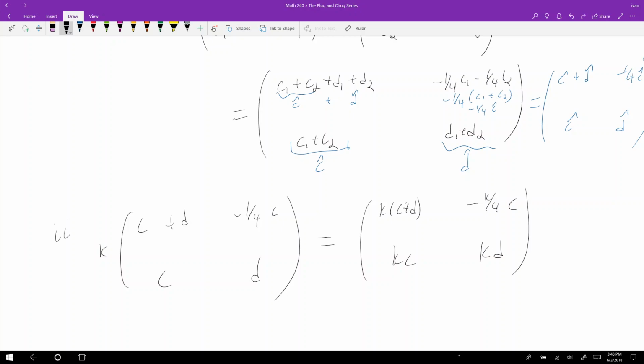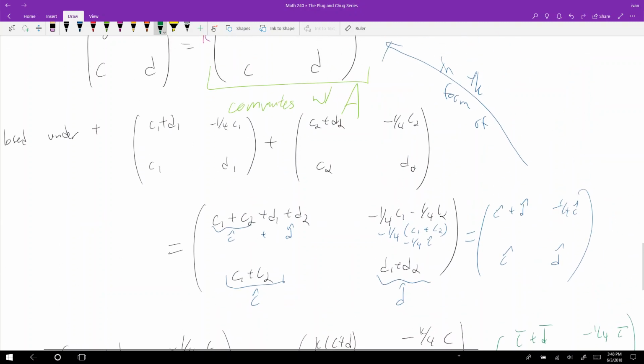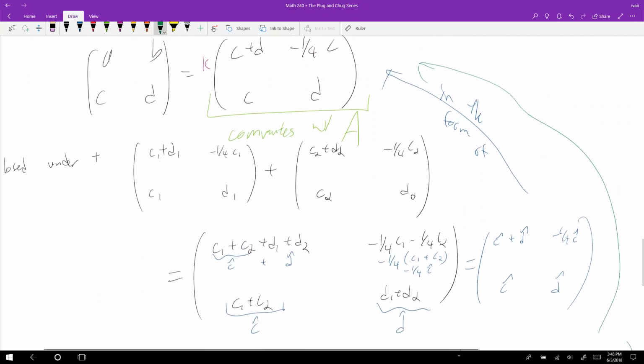Then you make a similar substitution where you let KC be C bar, and you let KD be D bar, and you get C bar plus D bar, negative 1/4 C bar, D bar, which is also in the form of the matrix up here.